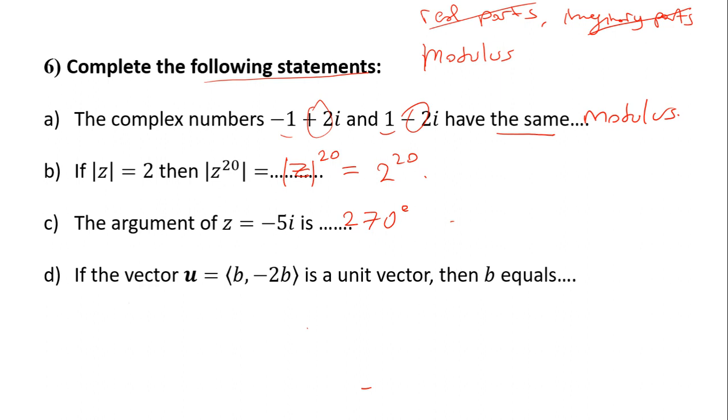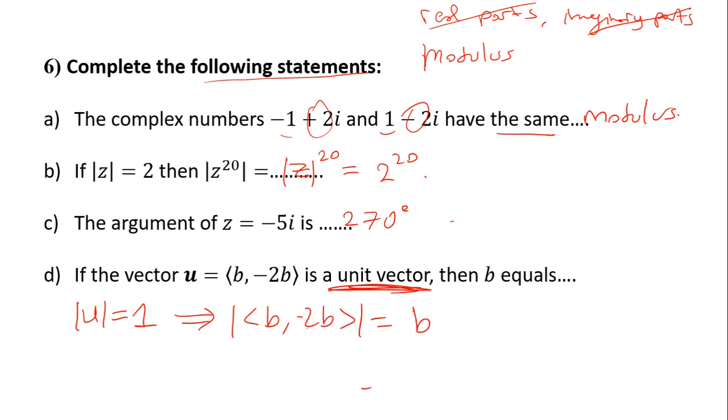And when it comes to this question, if the vector u is equal to (b, minus 2b) and it is a unit vector, b is equal to what? Okay, the unit vector means the modulus of u is equal to 1. So if you take the norm of this, it will be the square root of b squared plus minus 2b squared, which is equal to 1. So when you look at this, it will be the square root of 5b squared equal to 1.